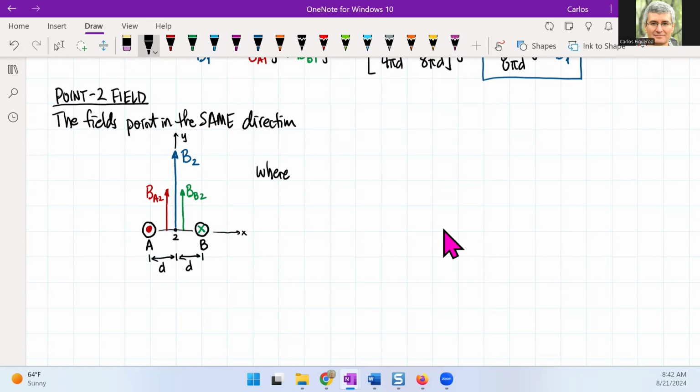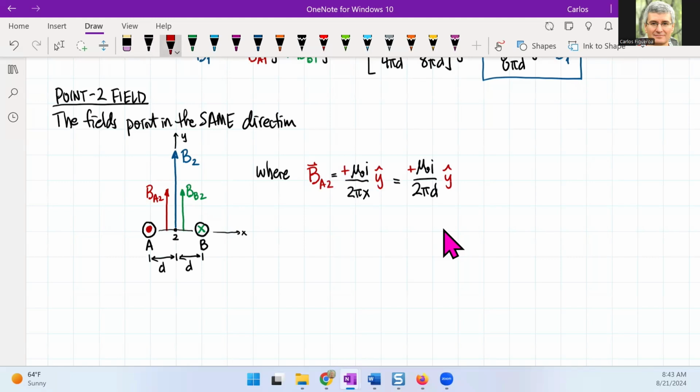The magnetic field of A2 is again going to be equal to μ₀I over 2πx. In this situation, this is in the positive y direction. But at d, we could write that this is μ₀I over 2πd, and again in the positive y direction.